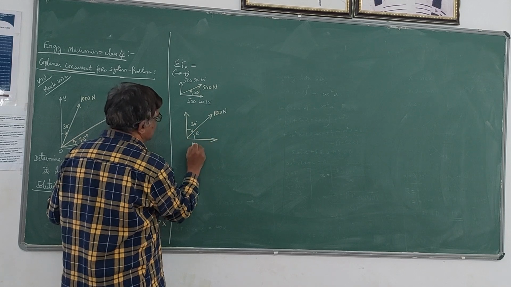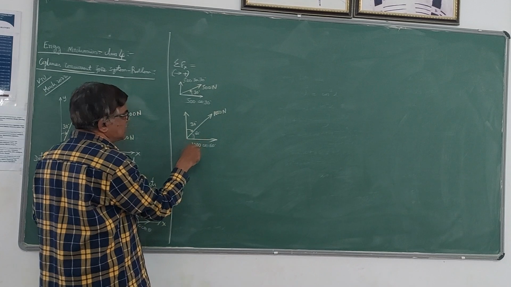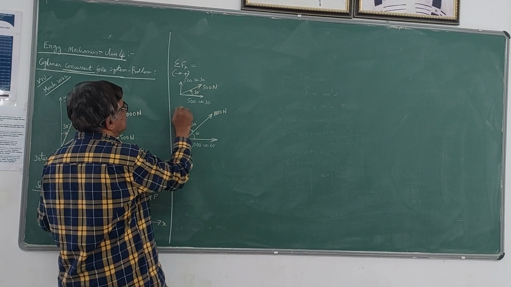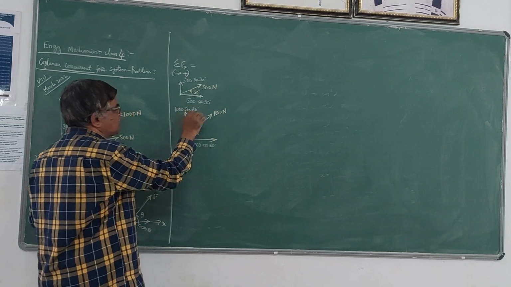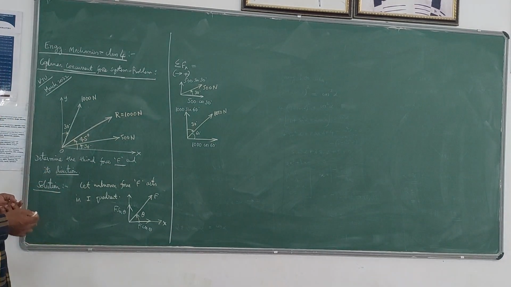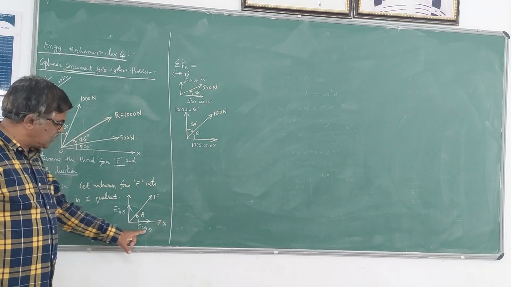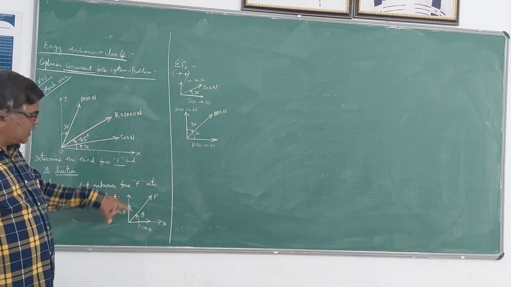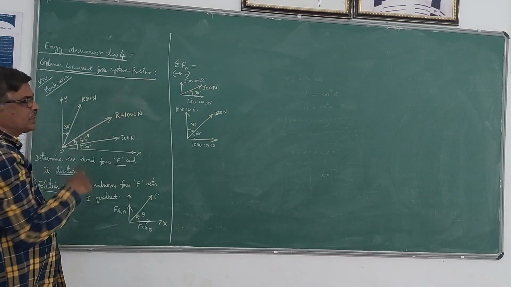So you can write this as 1000 cos 60, which is the same as 1000 sin 30, and this is 1000 sin 60, which is the same as 1000 cos 30. In any form we can write. And we know that the components of this unknown force F are F cos theta and F sin theta. Now these three we have to combine to get sigma Fx and sigma Fy.